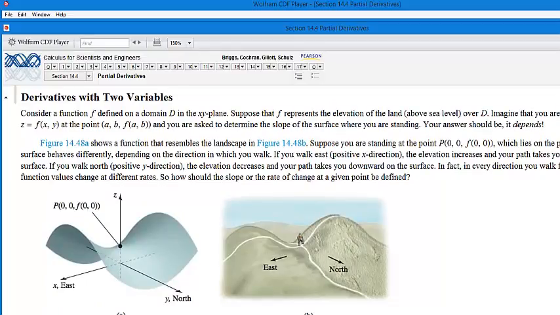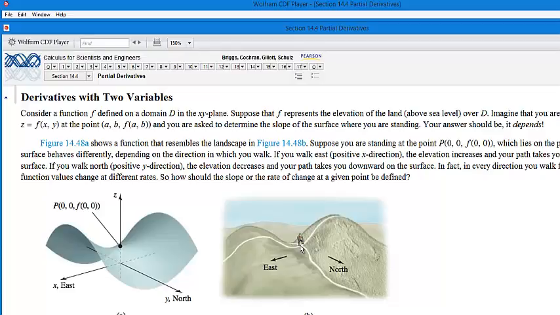So a function tells you how high we are for a given x and y, given input and output. And so it's a surface. And they say, okay, suppose you're at this point here, 0, 0, and however high it is. So they show a man right here, who could travel east or travel north.